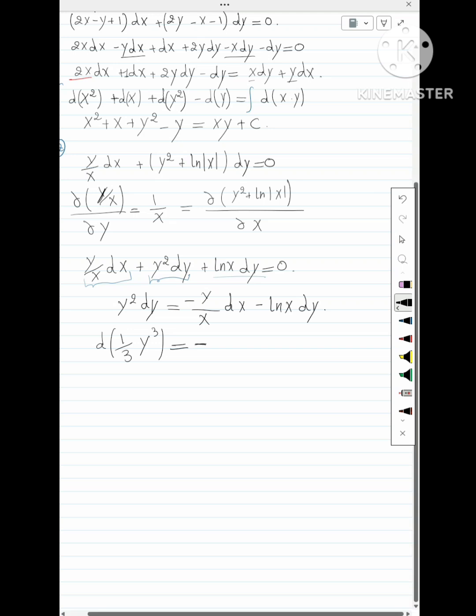We have minus. First, we are going to get minus of the derivative of something. How can we get it? What is the primitive between something that contains x, which is 1 over x, and ln x? So it is ln x. We need to write the primitive times. As you can see here, we have a y, and here we don't have, so we have 1.